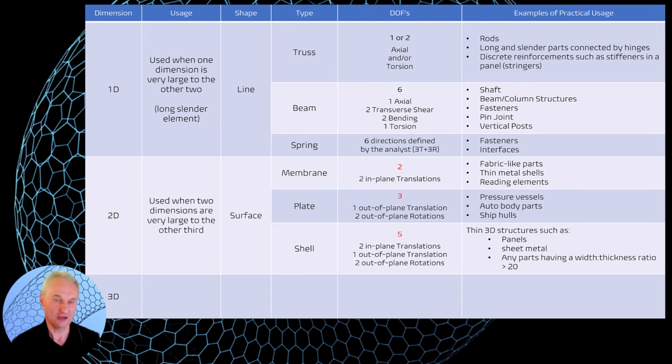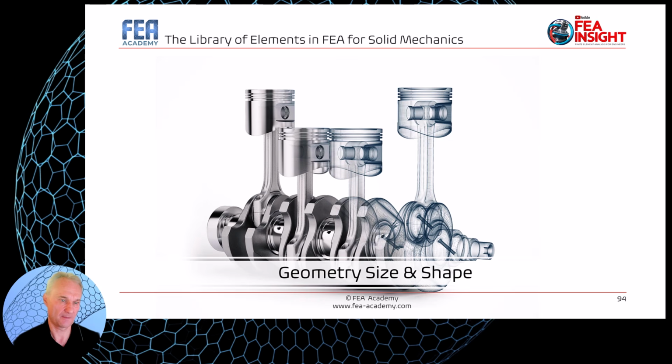Okay, the typical thin walled structure. And finally, the 3D dimension is used when all dimensions are comparable. The shape is a volume, the type is a solid, the number of degrees of freedom is 3, all the translations. The typical usage is bulky parts like fittings and engine blocks.